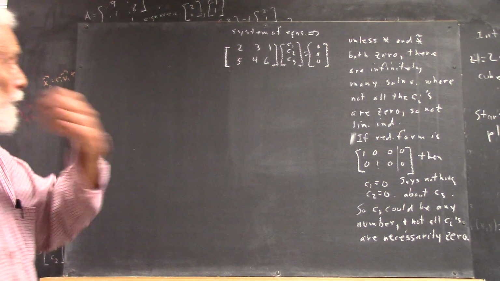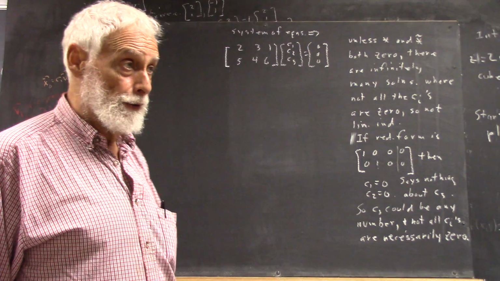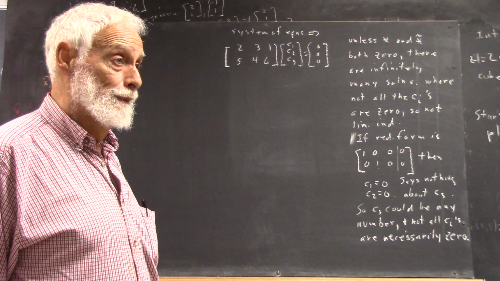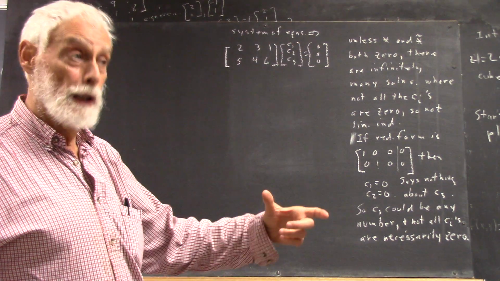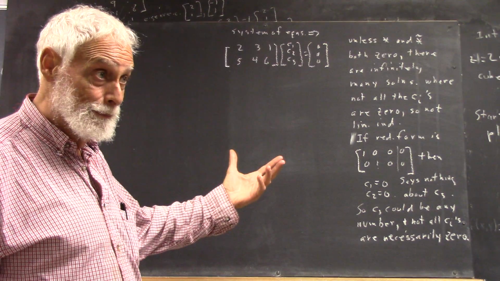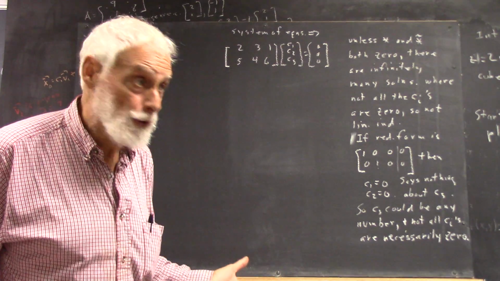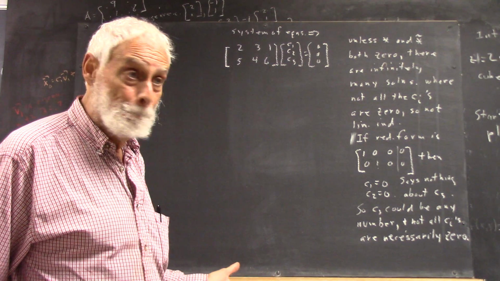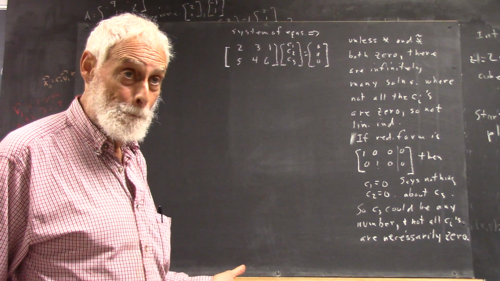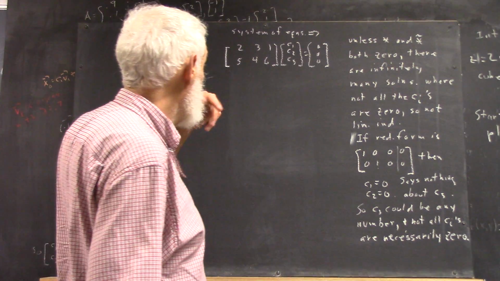Okay? What do you do with a matrix equation like this? Well, if it's a square matrix, which it isn't, but if it's a square matrix, then you can check its determinant to see if there's going to be a solution, right? But this isn't square.